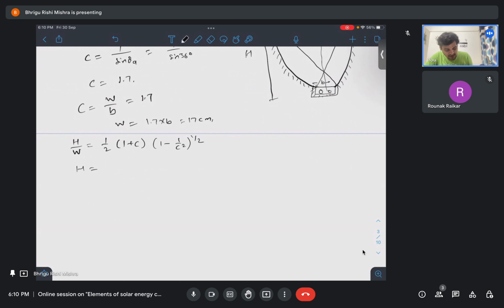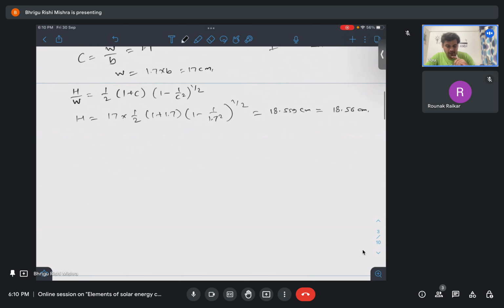If you put in all the values, it is 17 into half, 1 plus 1.7, into (1 minus 1 by 1.7 squared) to the power half, and if you solve this you will get 18.559 centimeter, which is around 18.6 centimeter, or 18.56 centimeter you can say.